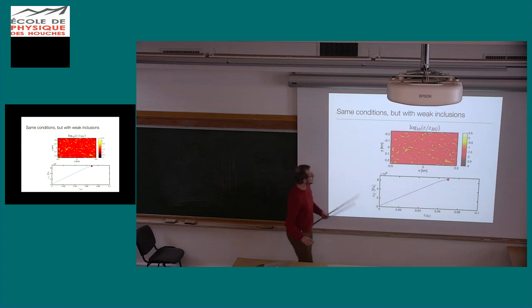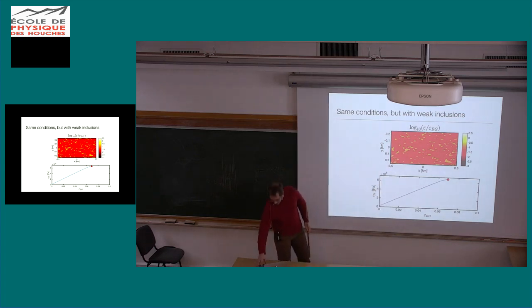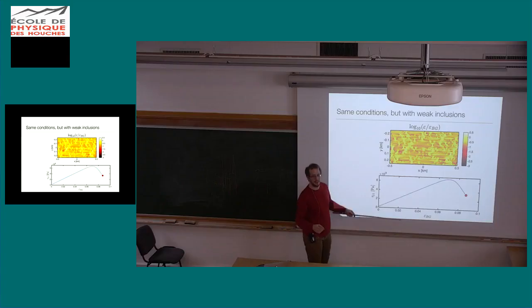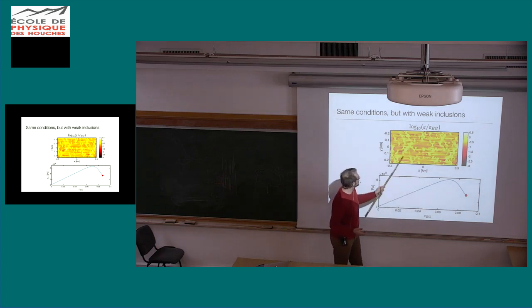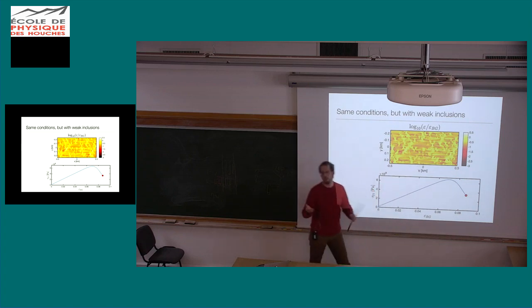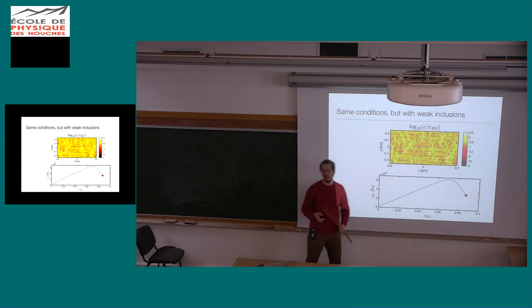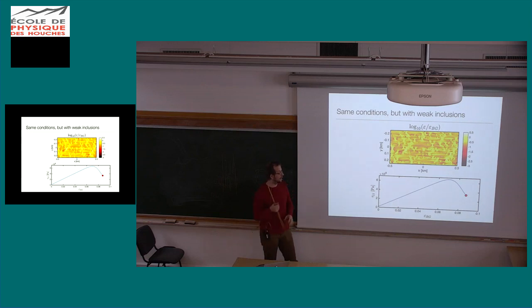When I go a bit further, I'm now at the peak. You see the inclusions even better. But then, at the end, so this was done this week, so it hasn't gotten further, you don't really see the inclusions anymore, you see those bands forming. Those are due to the grain size reduction and the shear heating together. But what I don't see is the same behavior that I saw before, this rupture-like, really fast localization.